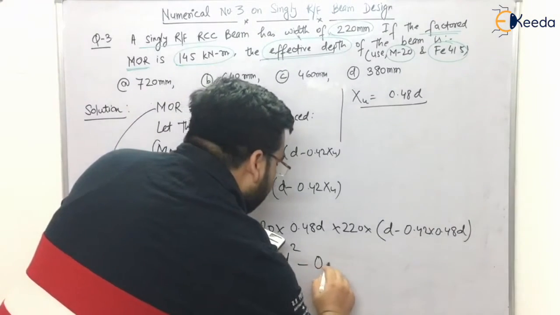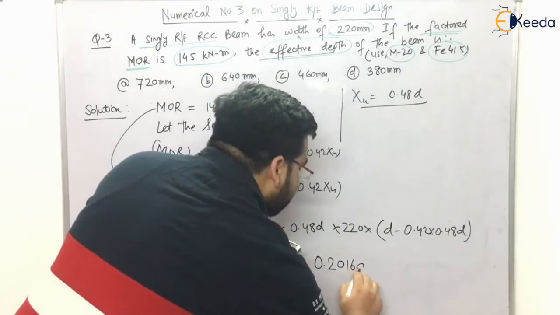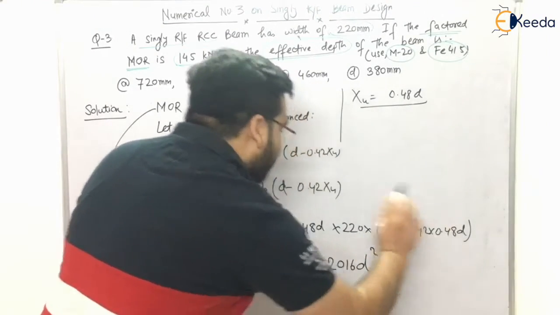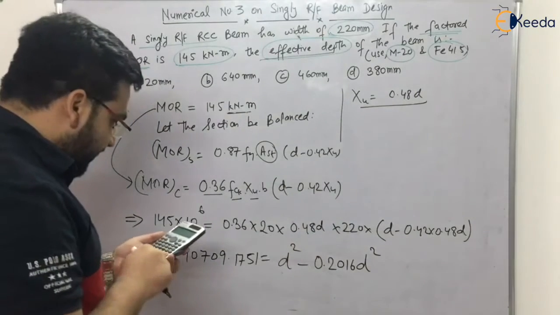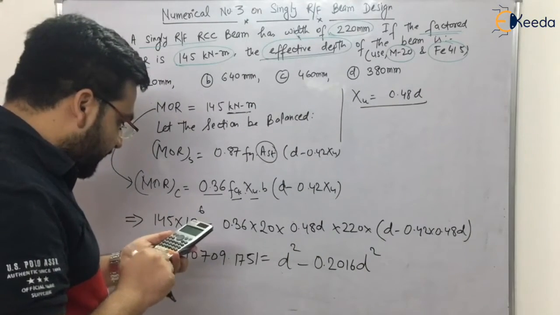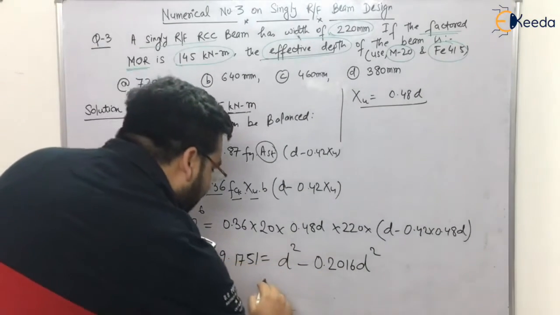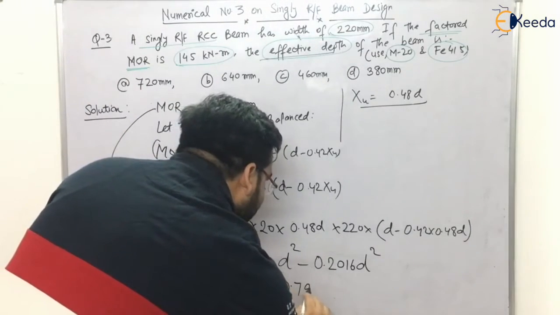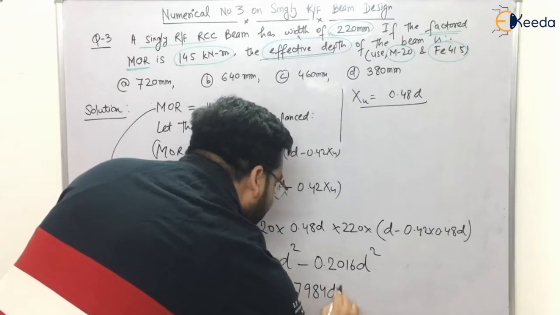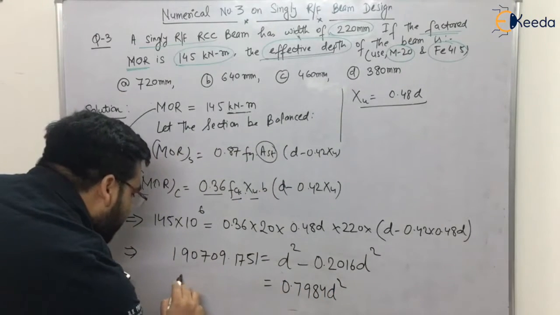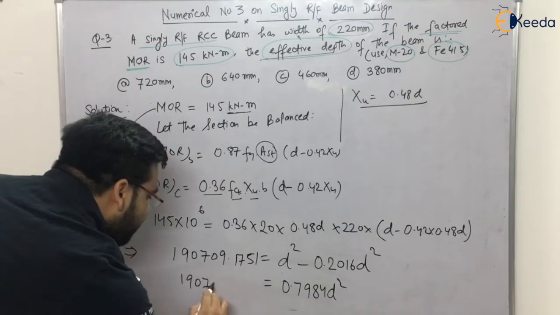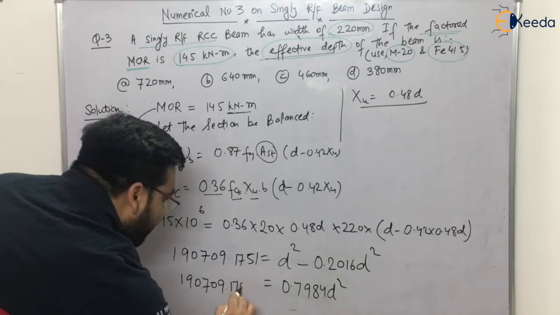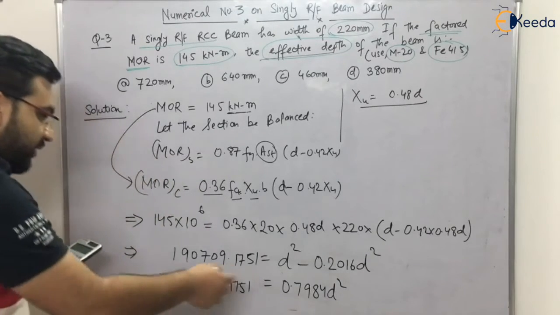So d squared minus 0.2016 d squared, if I subtract, equals 0.7984 d squared. So 0.7984 d squared equals 190709.1751.